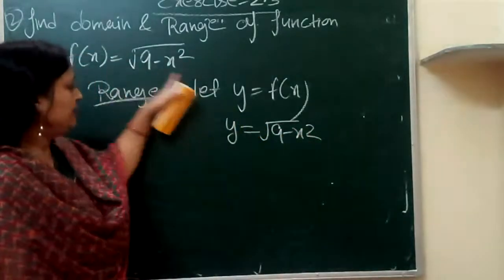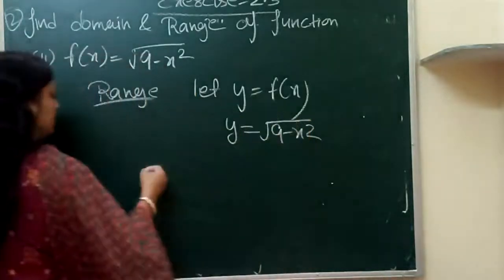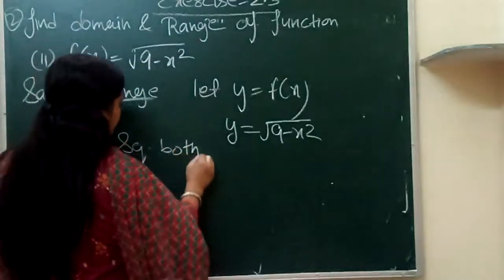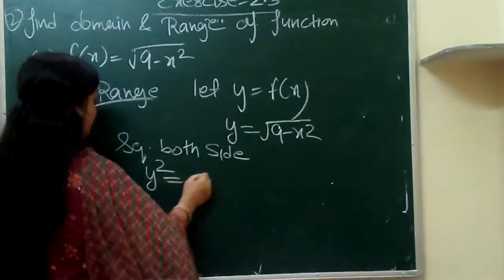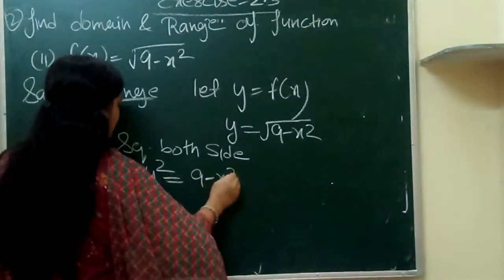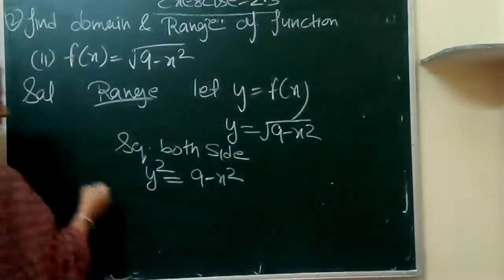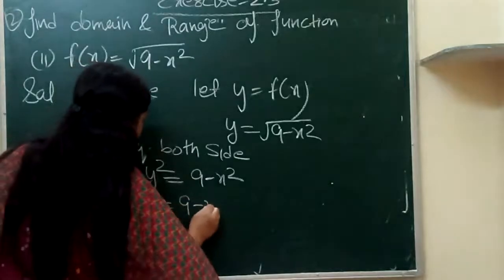Now to remove this square root, squaring both sides, we get y square equals 9 minus x square.